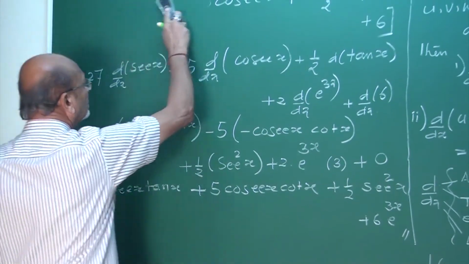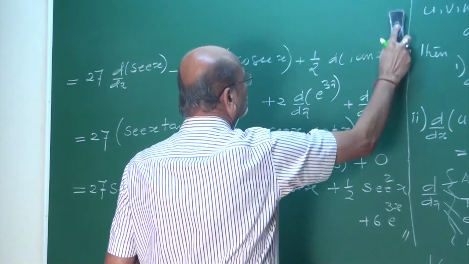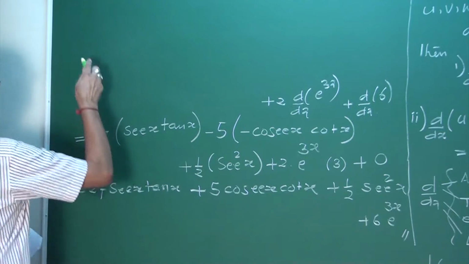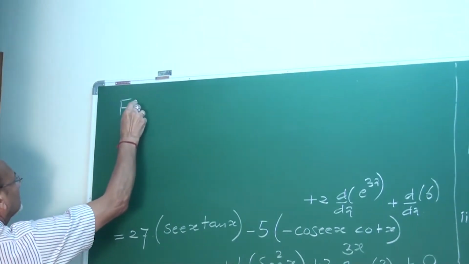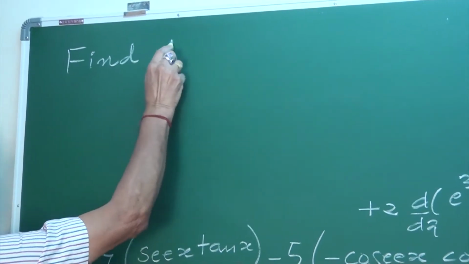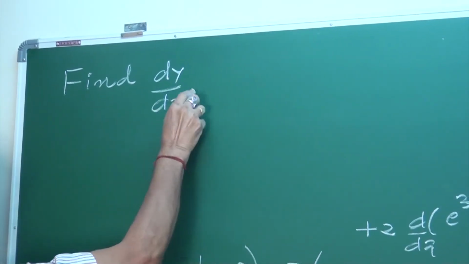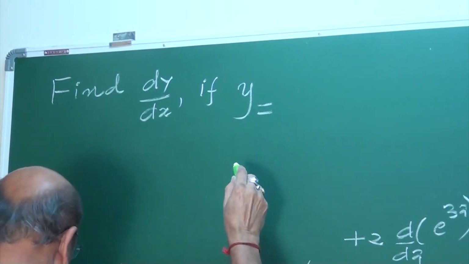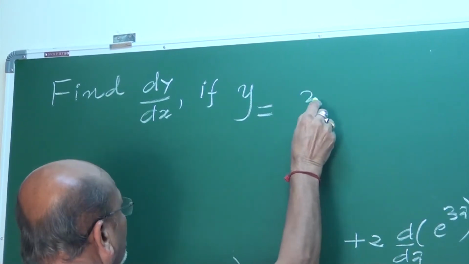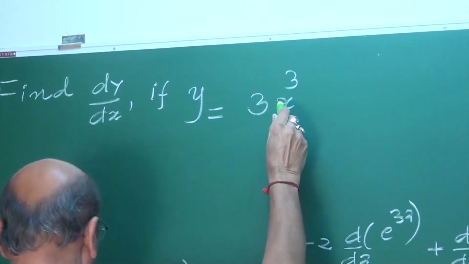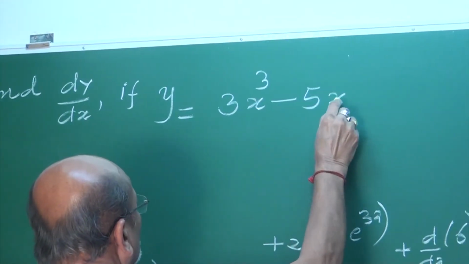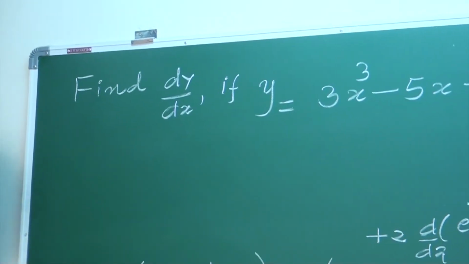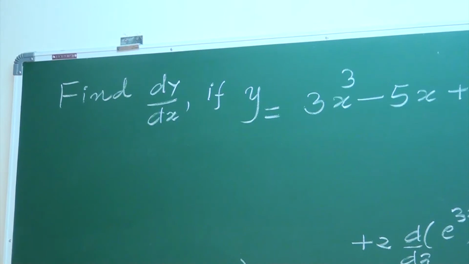Find dy by dx if y equal to 3x cubed minus 5x plus 7. Find dy by dx if y equal to this.